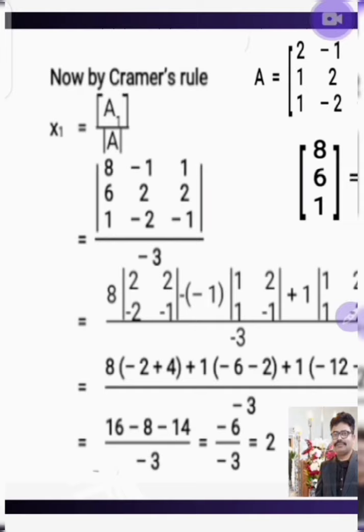You just follow the procedure of the 3 cross 3 determinant that I have explained before. We will follow that procedure in finding the value of x1, and the value of x2, and then the value of x3.